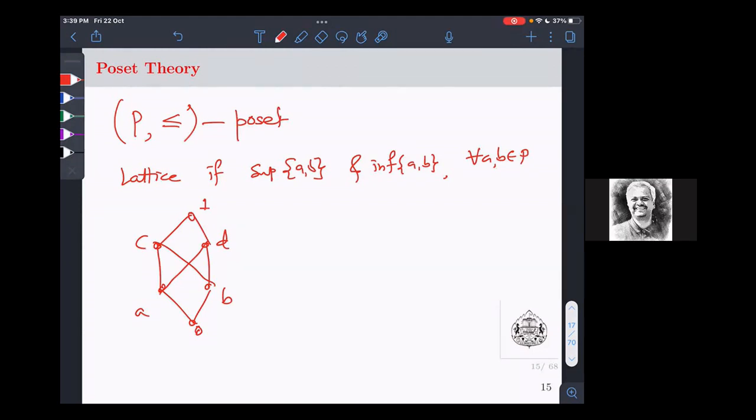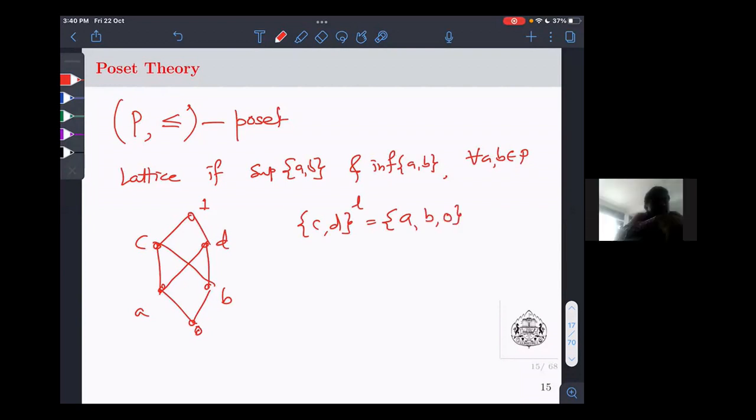Now you can see that if I take C and D, its lower cone. Lower cone means elements which are below both C and D. So what are those elements which are below C and D? Namely, A is there, B is there, and 0 is there. Okay. Can you see it? The lower cone of C and D is A, B, and 0.